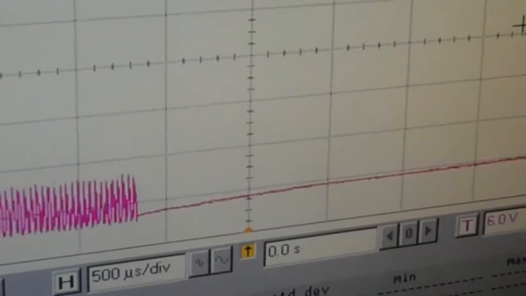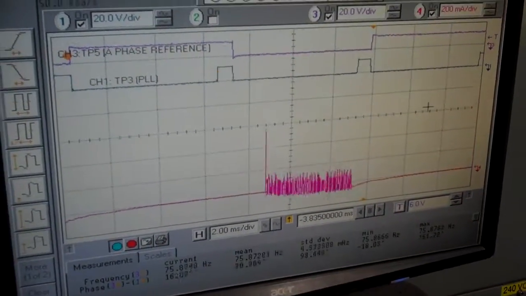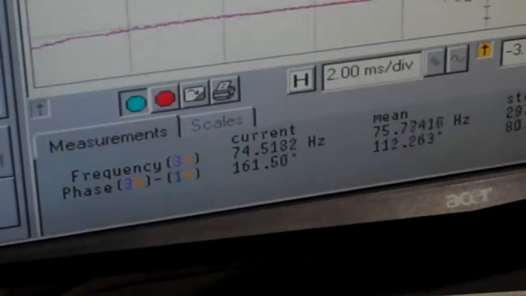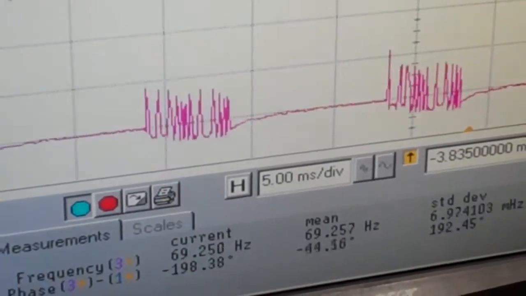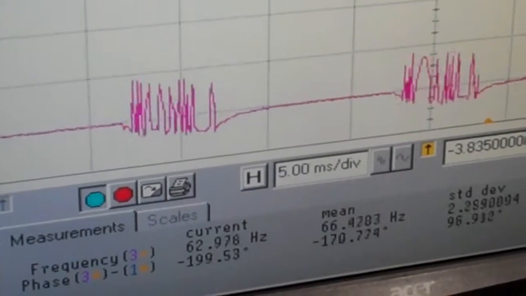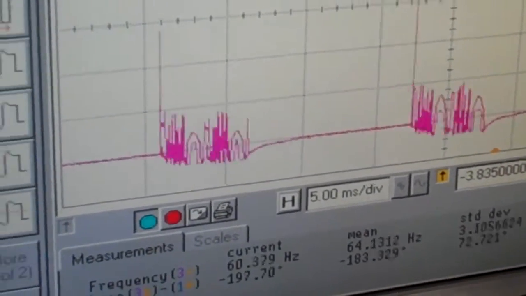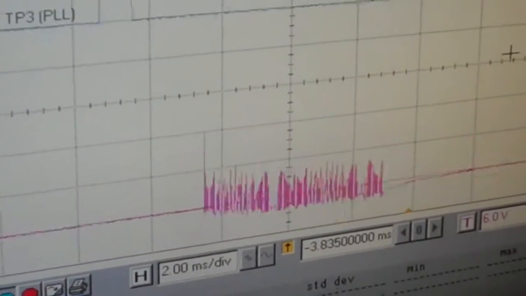So now I'm going to ask you, Tony, to change the frequency from 75 hertz to 60 hertz. All right, that's good. Now sync high is 0, so let me just take a look at it there.